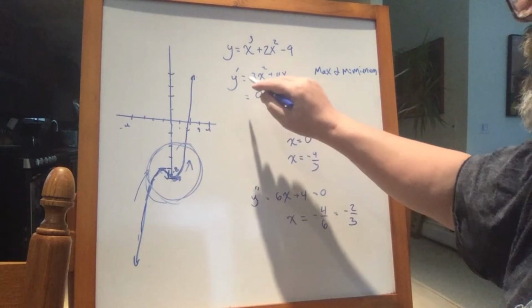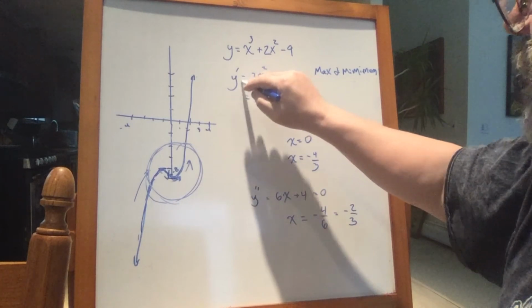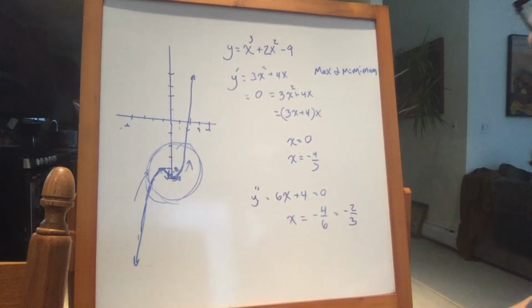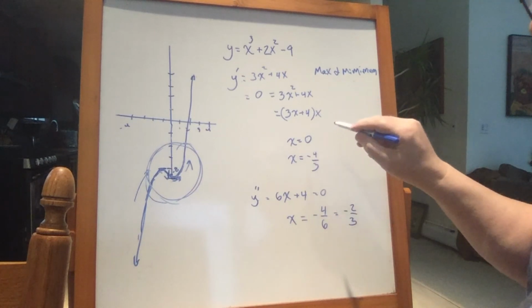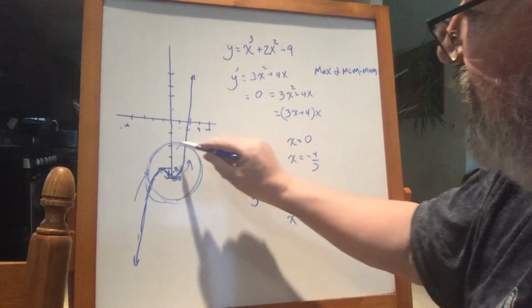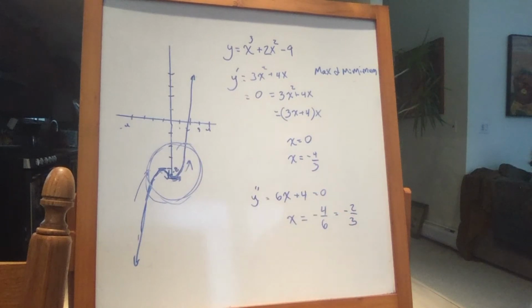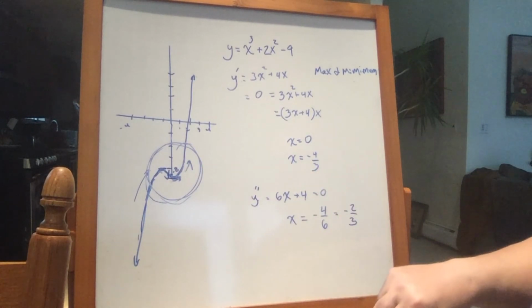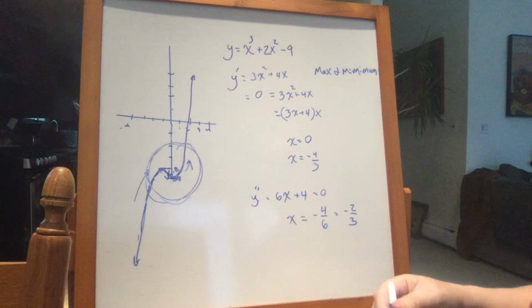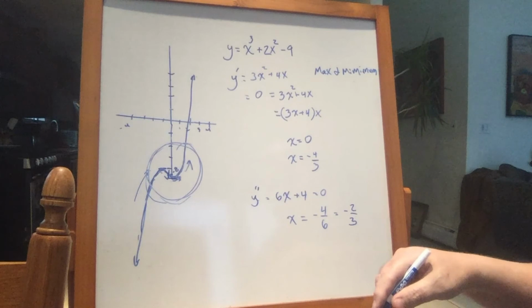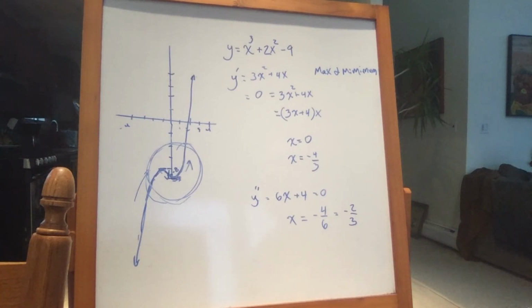And these derivatives, the first derivative and the second derivative, help us to find out where that interesting behavior takes place on a given curve. And so that's why we use derivatives to help us plot functions.